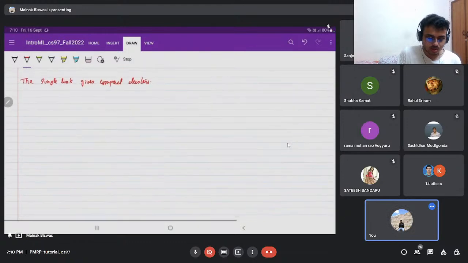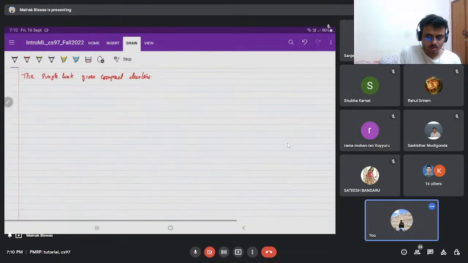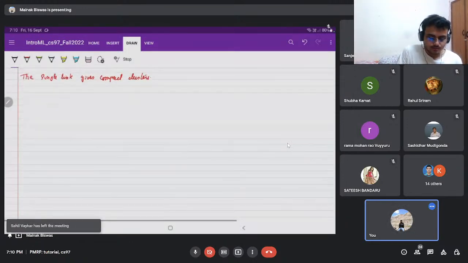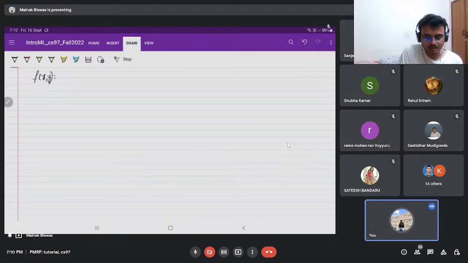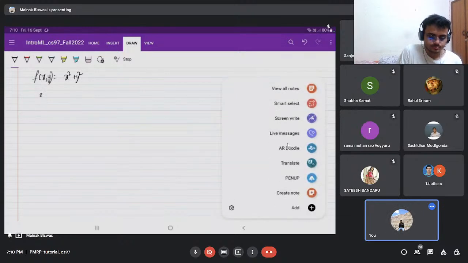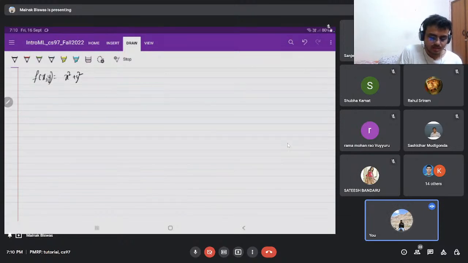So let's consider this. Let's write f of x, y. We'll have multiple variables: f of x, y is equal to x square plus y square. And we are told to minimize this.